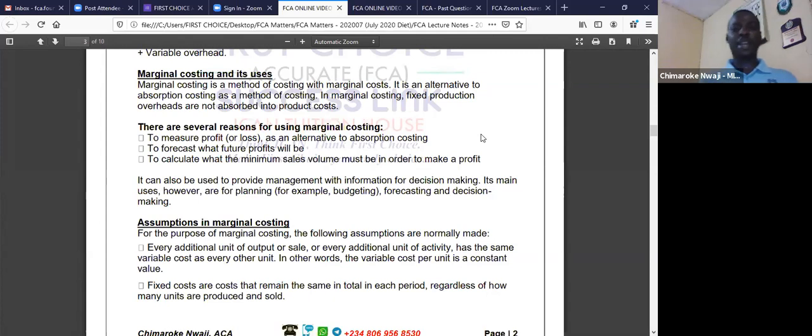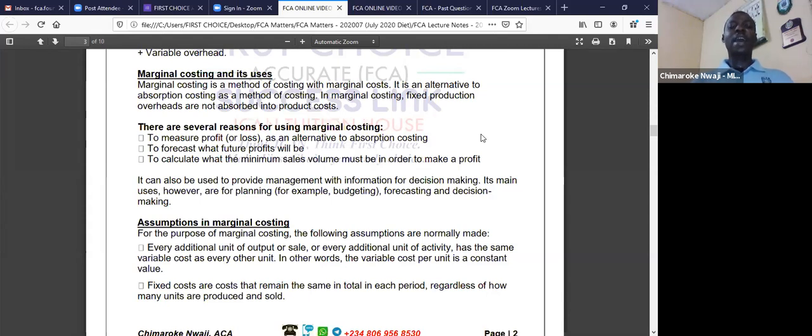Now, what do we mean by that? What we mean is this: every unit you are selling has the same variable cost. So if it takes 50 naira to make one small piece of cake as a variable cost, that would mean that the second piece of cake will take 50 naira too. The third piece of cake will take 50 naira. If I'm making 10, you just know that you're going to say 50 naira multiplied by 10 gives you 500.